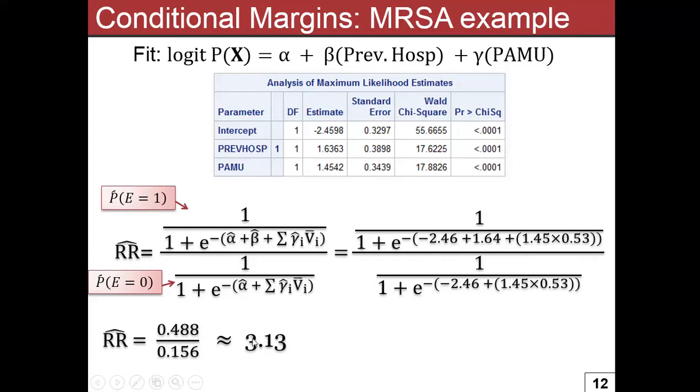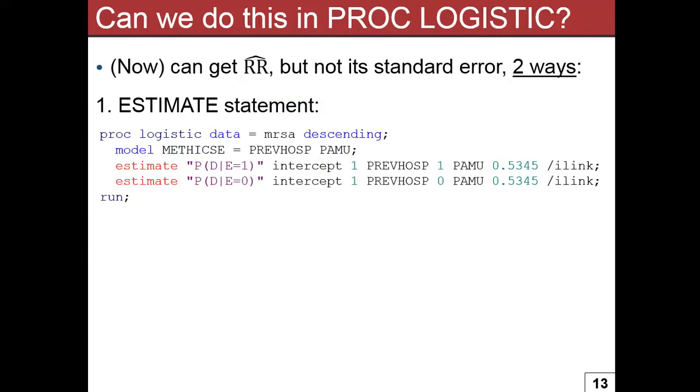And now you have something that's probably a little more useful than the odds ratio. The odds ratio is basically inflating the number to look better. And now you've got a more realistic number that's actually the thing you care about, which is the risk ratio, which is 3.13. So all you needed for that was the SAS output and the average value of the V's.